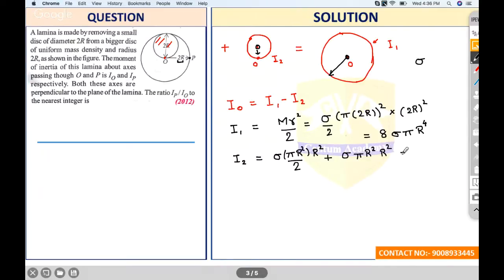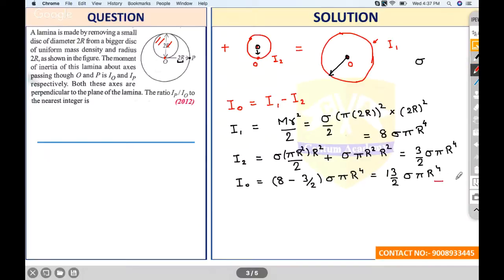When you simplify, what you get here is 3 by 2 sigma pi r to the power 4. So I0 will come out to be equal to 8 minus 3 by 2 sigma pi r to the power 4. This happens to be 13 by 2 sigma pi r to the power 4. Let me say that this is equation number 1.